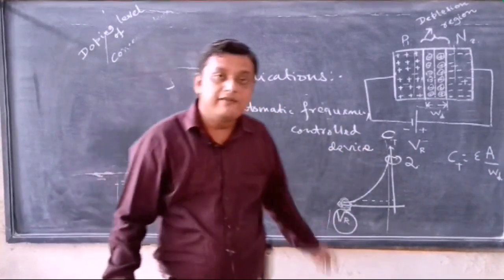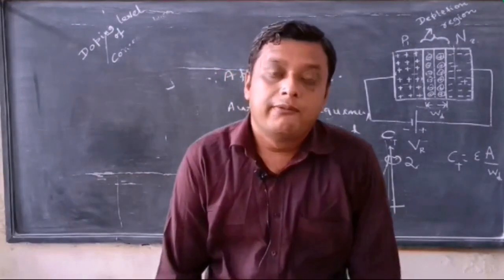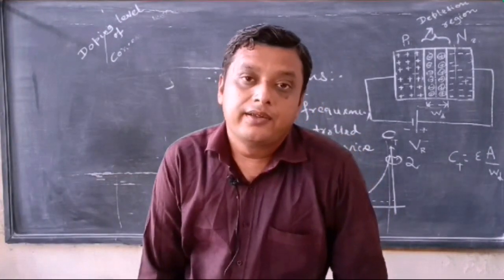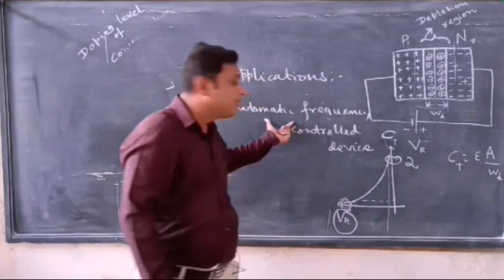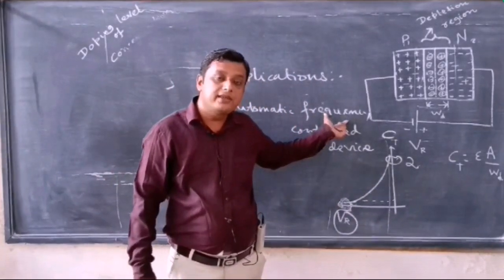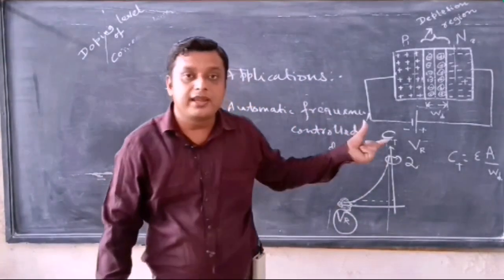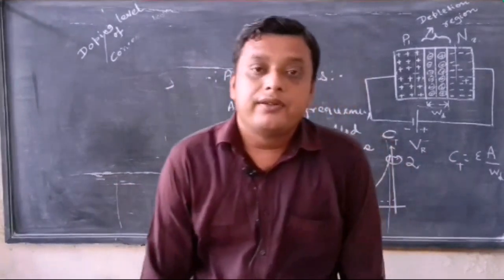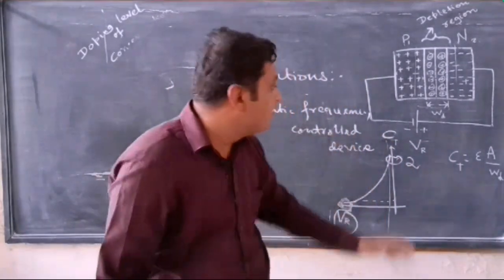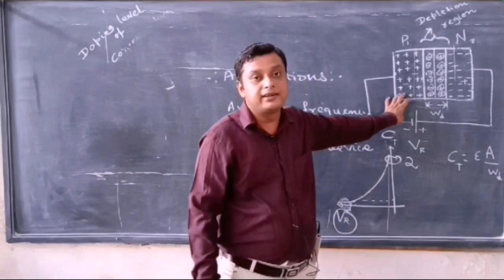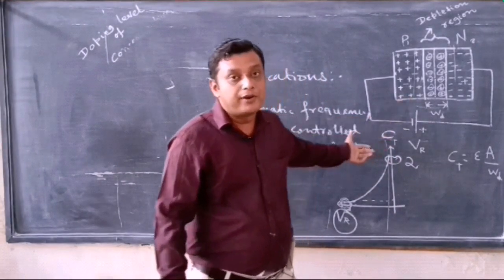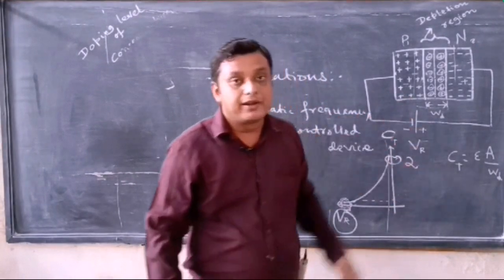Automatic frequency control device means frequency of the device. There is a range of the frequency, and the range of the frequency can be achieved if I am using this varactor diode inside the component, inside the equipment.